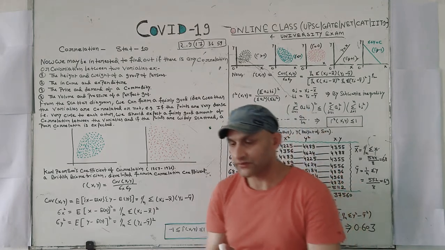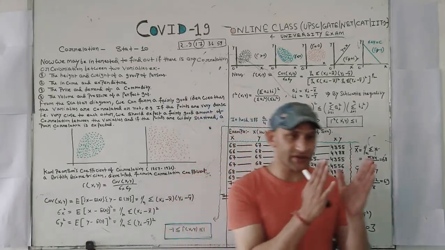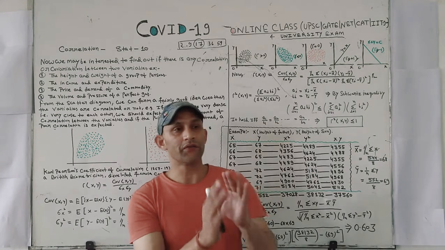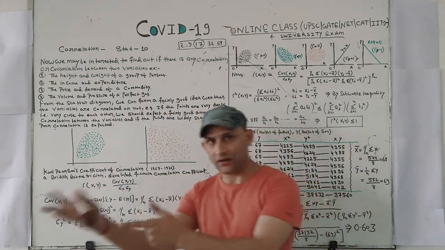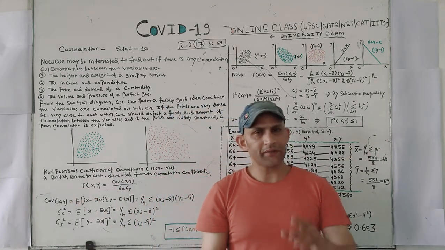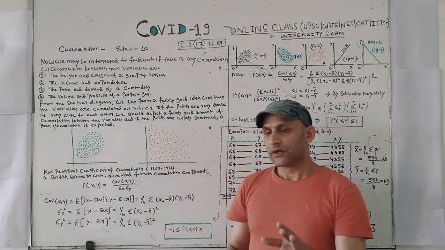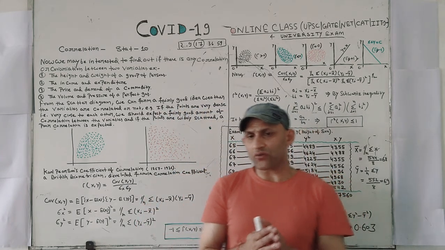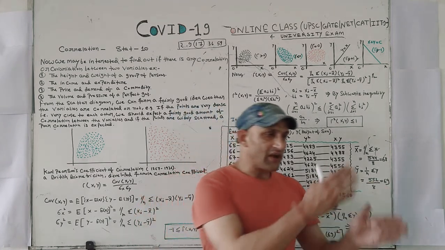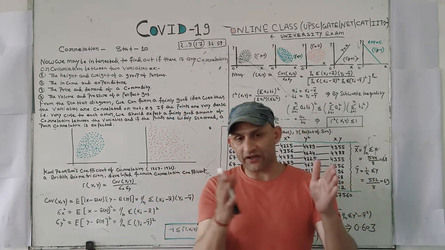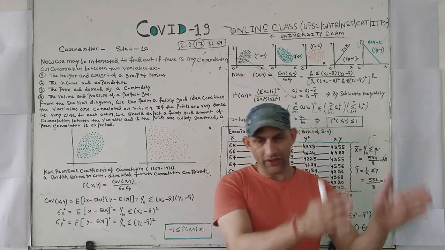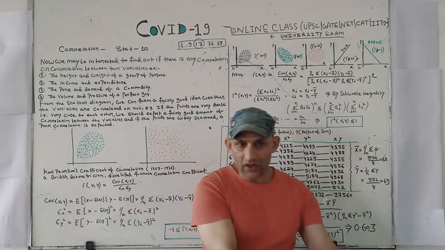What is the correlation? The best way to understand correlation: if you are getting married to a girl, you have seen the astrologer. What do they do? They find how many characteristics are matching between the girl and the boy.